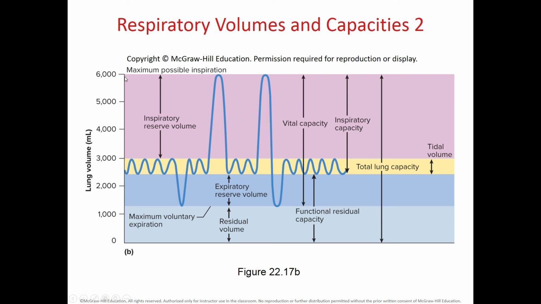And then it seems like we can hold up to 6 liters of air in the lungs. And I say it seems like because according to our age, our gender, our ethnicity, we all have different lung volumes and lung capacities.